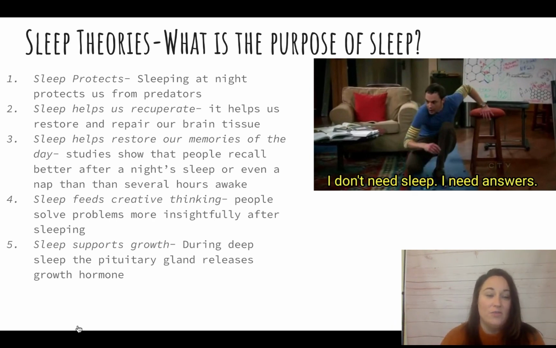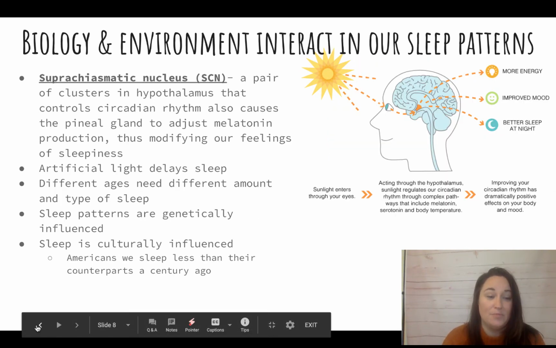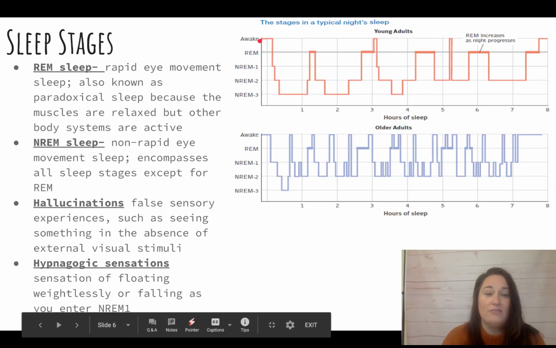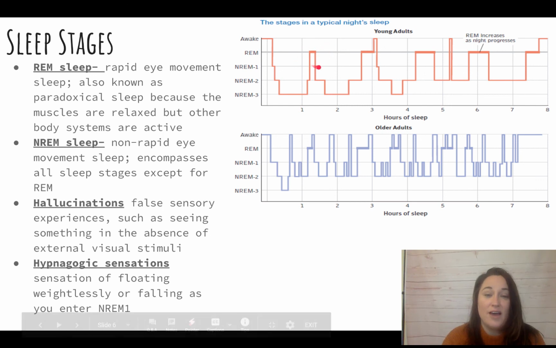It also restores our memories of the day. And this you should write down. The restoring of our memories seems to be linked to REM. If you don't get a lot of REM sleep, it's going to impair your memory.